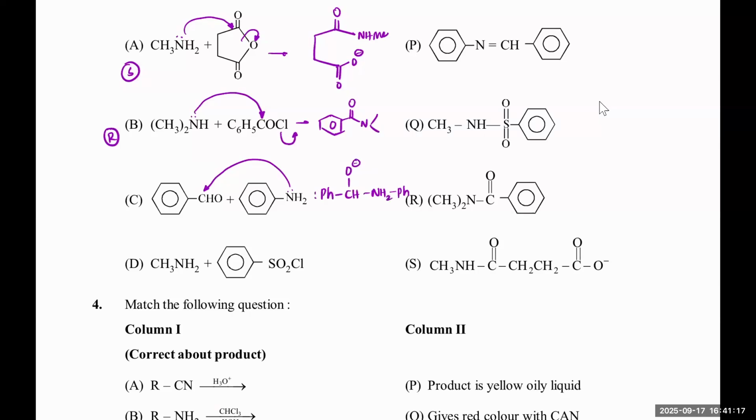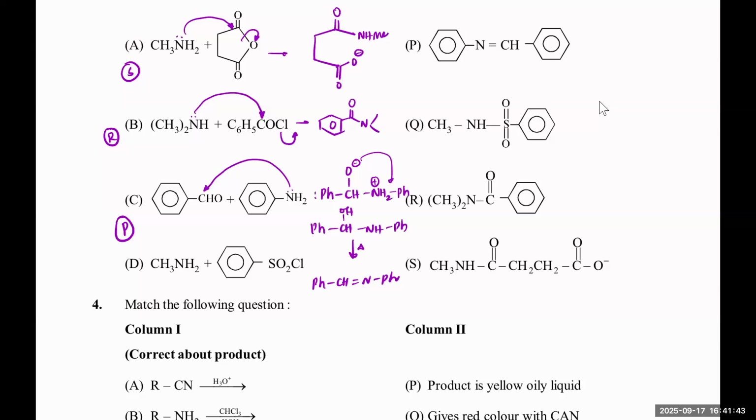So this is NH2 plus we got. So O minus can take away H plus and you'll get this as pH CHOH with NH and pH. Now the heating part is missing here. Only when you heat it, you will get this as CH double bond N and pH. Okay, imines will form. So which is option P.